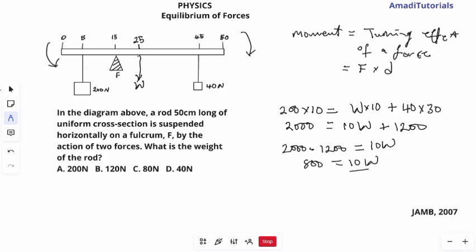Then you divide both sides by 10 to make W the subject. So the weight of the rod will be equal to 80 Newton, option C. So this is how this is done.